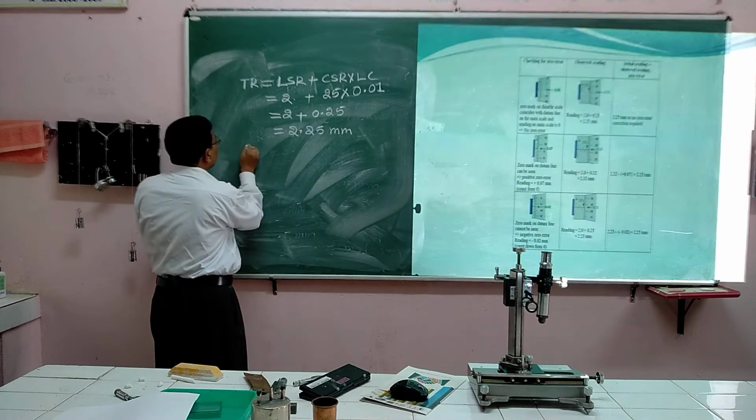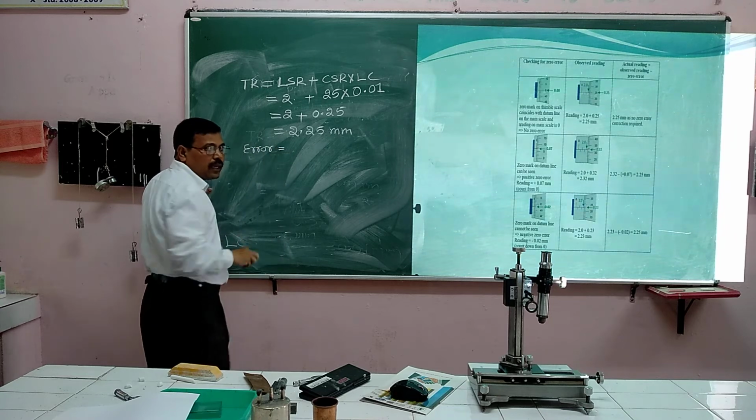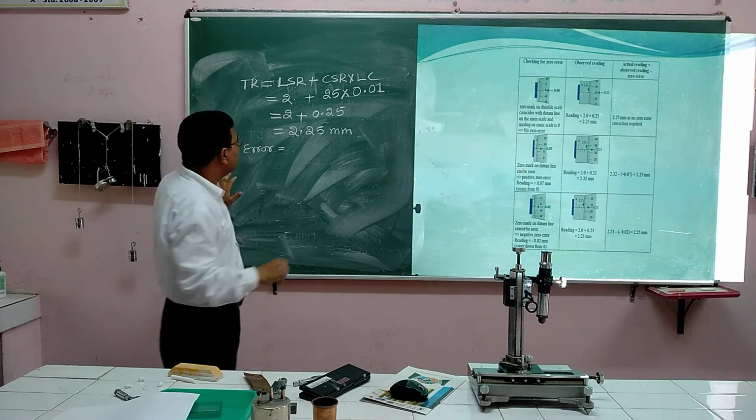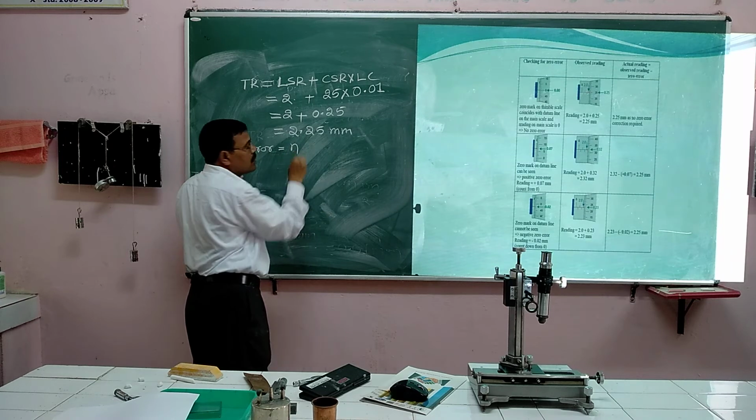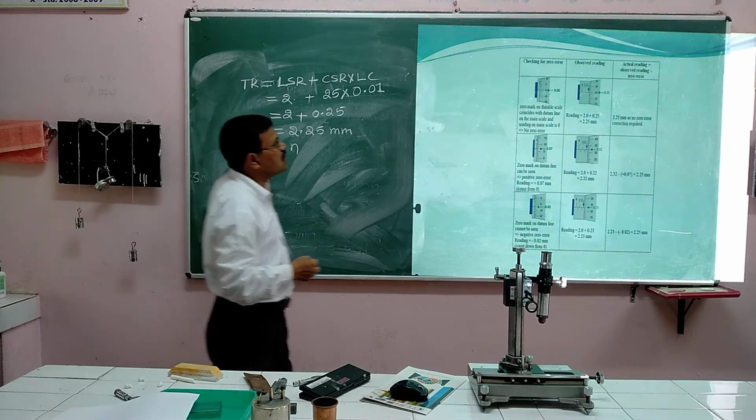Error is equal to the number of coinciding circular divisions.